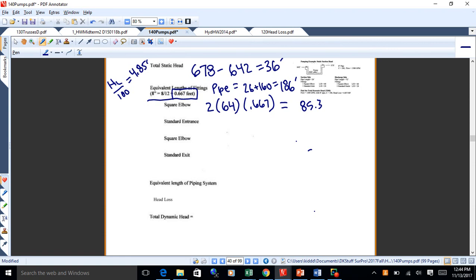And then I've got an ordinary outlet, which is 20 times 0.667. That's 13.3. And then I've got an inlet, which is 30 times 0.667, and that's 20 feet. So I can add all those up, and I'll get 118.6 feet.